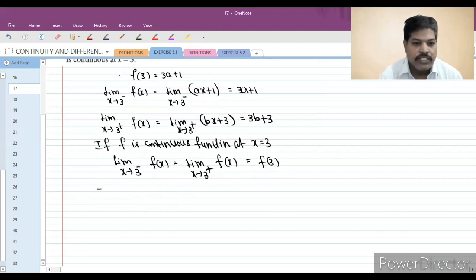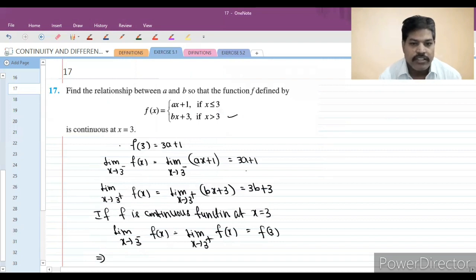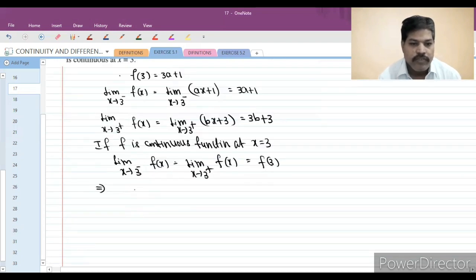What is the left hand limit? The left hand limit is 3a plus 1. What is the right hand limit? The right hand limit is 3b plus 3. And f of 3 is 3a plus 1.